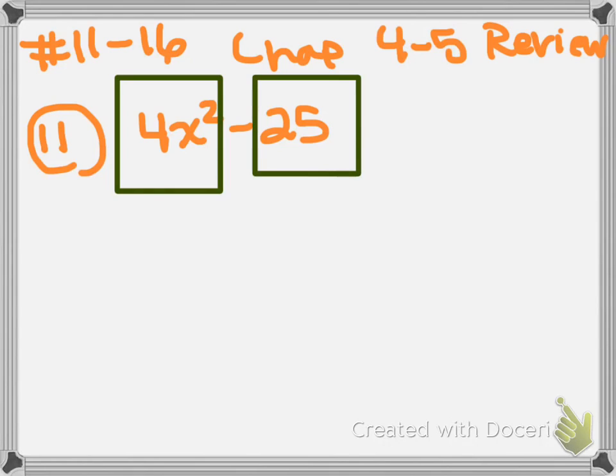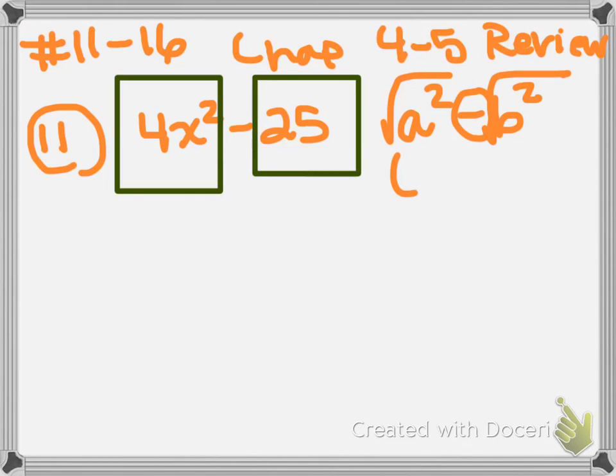As a result, the difference of perfect squares, you can use this where we said, okay, hey, the square root of a squared and the square root of b squared, and then I have subtraction, a difference. And I can factor it as the square root of a and the square root of b, and put a plus and a minus.